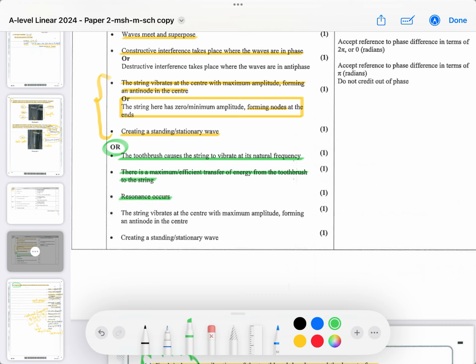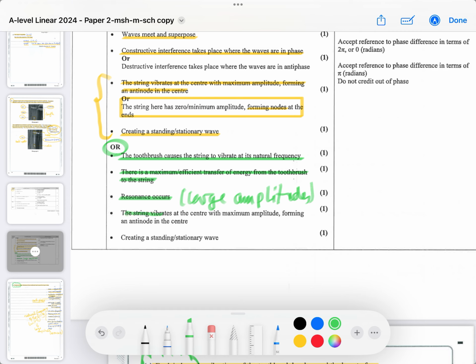Yes, so when you're matching the pushing or the periodic oscillations or the periodic pushes with the natural frequency of the object, in this case a string, resonance occurs. And resonance basically means large amplitudes, which is in the next bullet point.